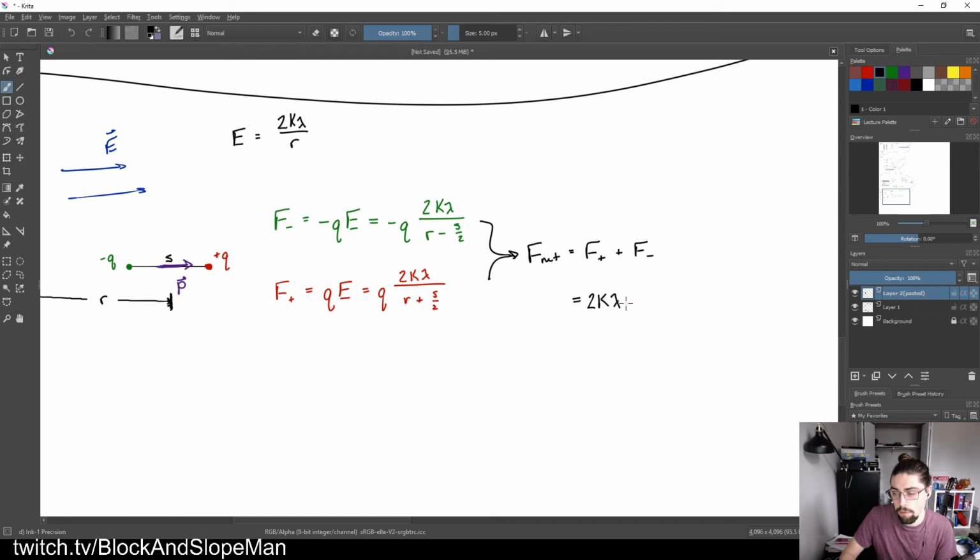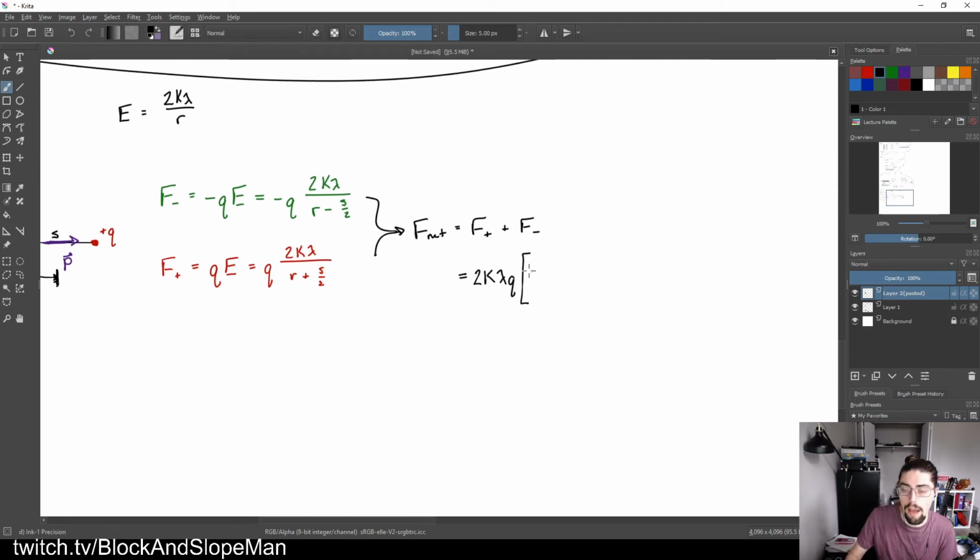And now in brackets, I'm going to have what's left. So my first fraction is 1 over R plus S over 2, minus 1 over R minus S over 2. Those are my two terms.